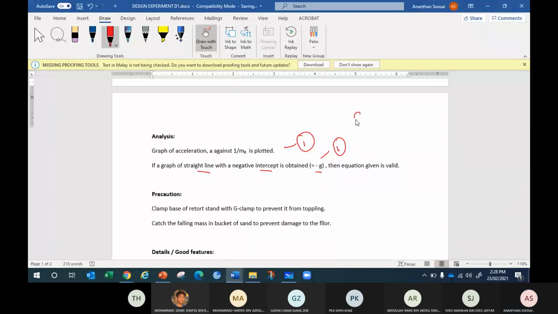Acceleration equals WA over MB minus g, is it? Your gradient should be WA, right? Because you plot a versus 1 over MB.